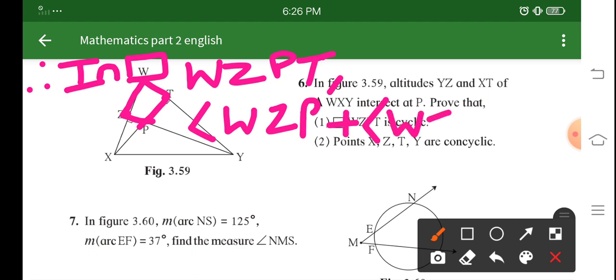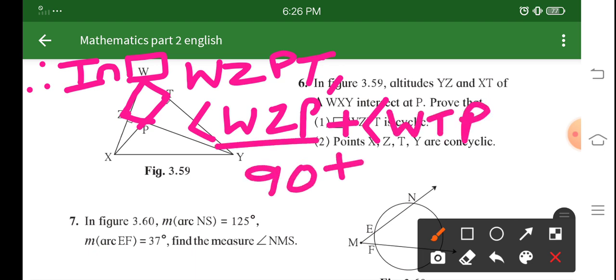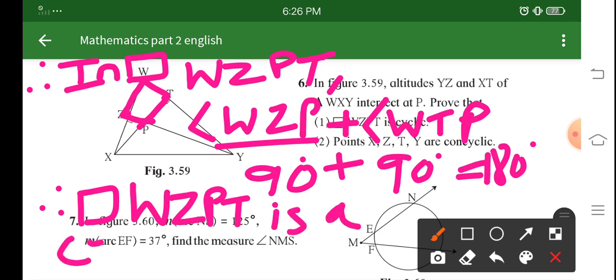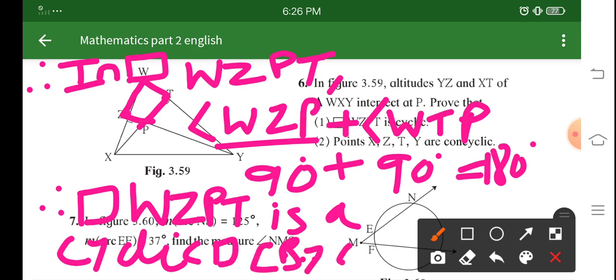We have just found out these angles: this is 90 degrees and this is 90 degrees. So 90 plus 90 will become 180. Hence proved. So therefore you can write, therefore quadrilateral WZPT is a cyclic quadrilateral. Okay, and the reason is by converse, right? By converse you'll have to write over there, converse of cyclic quadrilateral. I think this is clear.